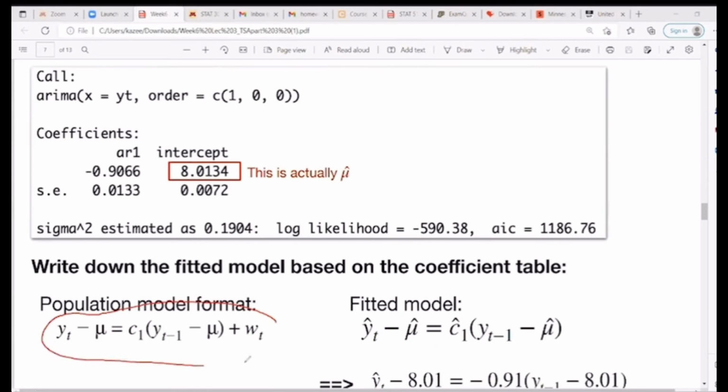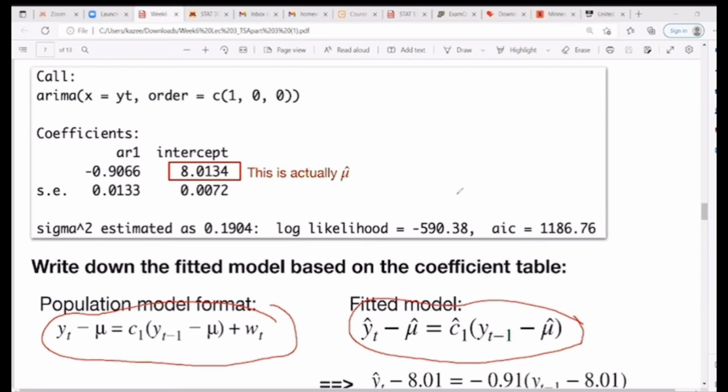That is the formula. This is the population one, and this is the fitted one. Don't forget I told you the other time the fitted is the one you use on your data set.